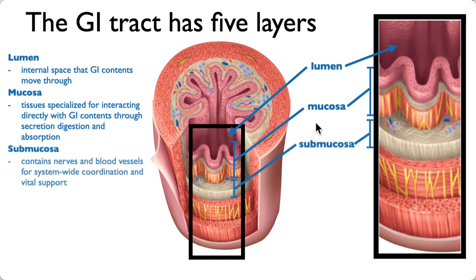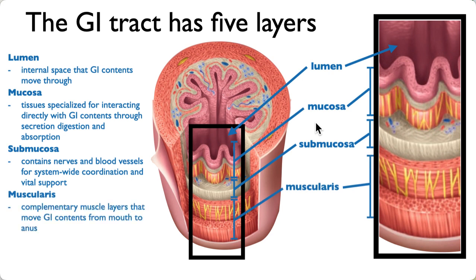Now, underneath the mucosa is the submucosa. This is a layer of connective tissue, very loose fibers that make it easier to run things like blood vessels and nerves for feeding and coordinating the entire tube.